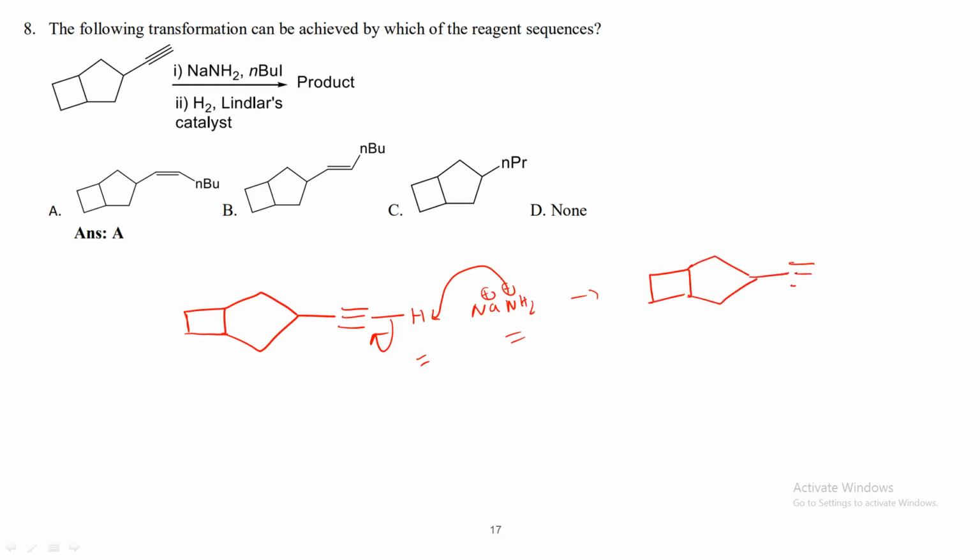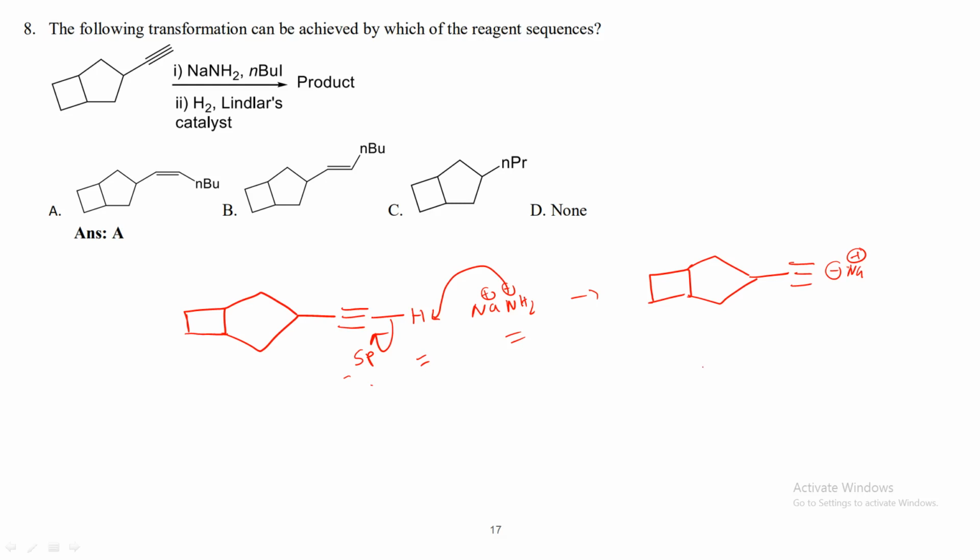So with this, the negative charge forms, and Na plus is stabilizing. So this type of species is generated at first, right? So you already know, I think, but as the hybridization is sp, that's why the acidity is more and this abstraction is possible now.